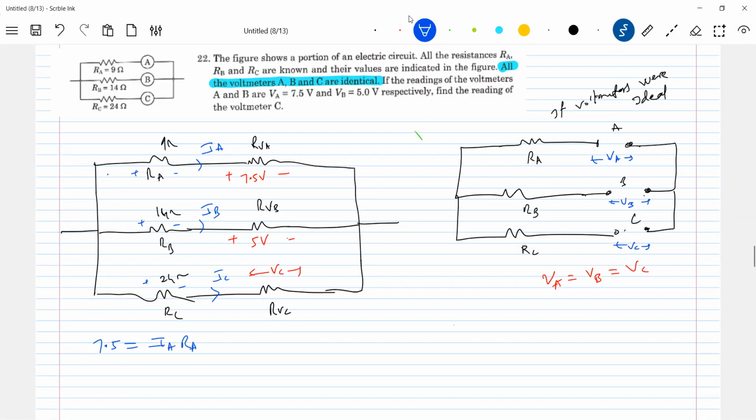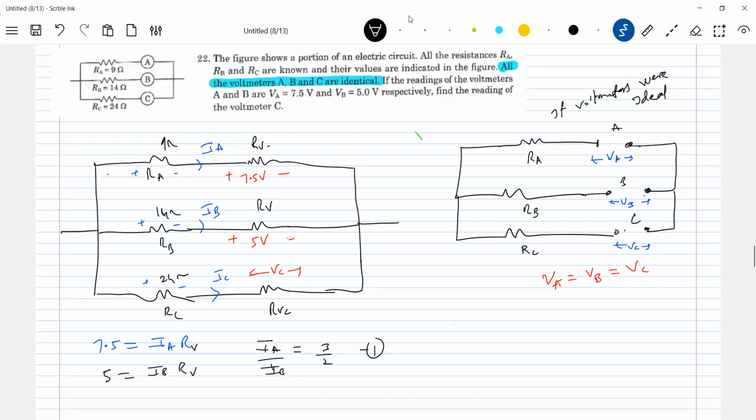All the voltmeters are identical, so all will have the same internal resistance. I just took help of the condition given. Similarly, the 5 volt across B should be equal to IB into RV. Divide these two: IA by IB should be equal to 3 by 2. This is equation 1, keep it in mind.